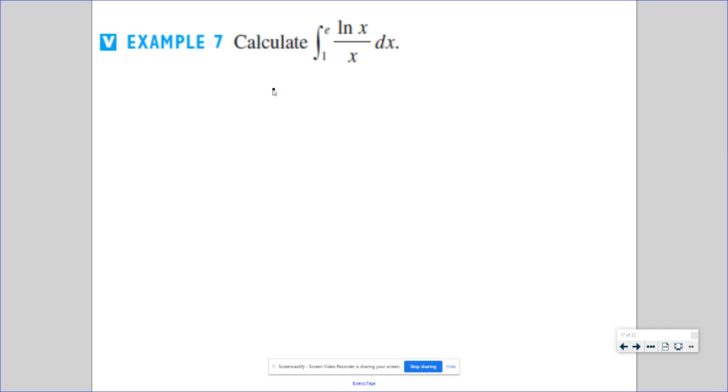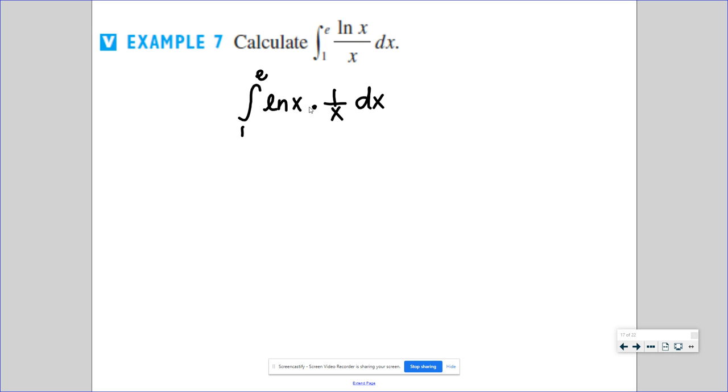But remember, the beginning of this process is not going to be any different than normal. Okay, so this is an interesting question. Before I start with choosing a u value, just to understand the problem better, I'm going to write it as ln x times 1 over x.